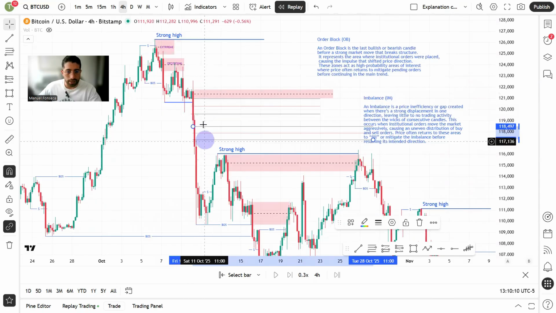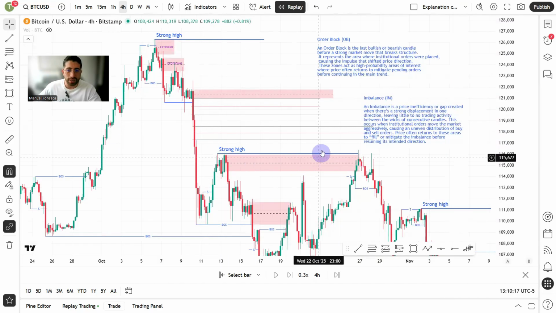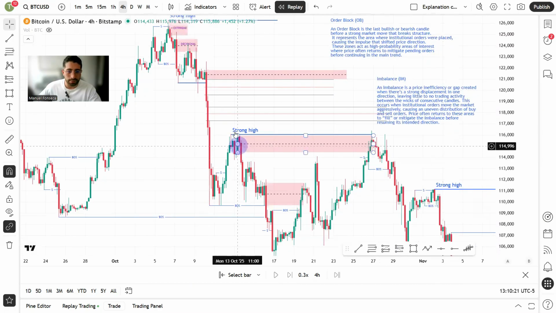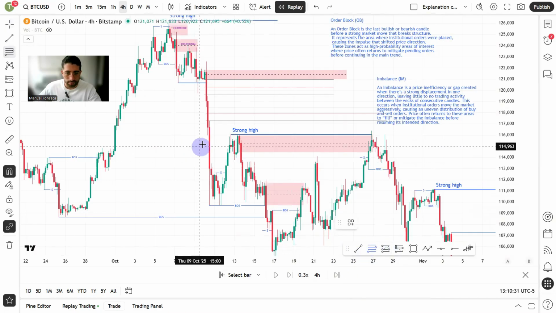So now we can see that the price reacted here on this imbalance. Now the question is, why did the market not get to these imbalances, and instead entered this one, made this strong high, and then respected the strong high and kept pushing down? Simply because here there was another imbalance.